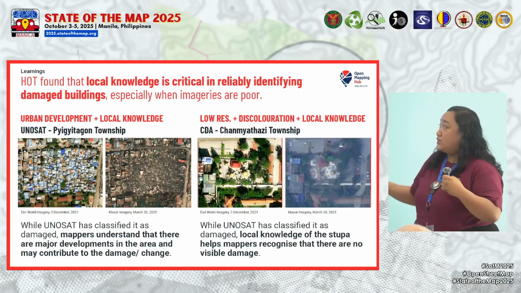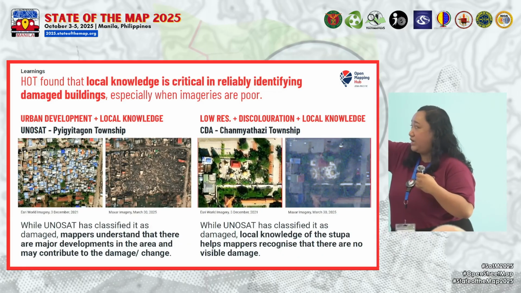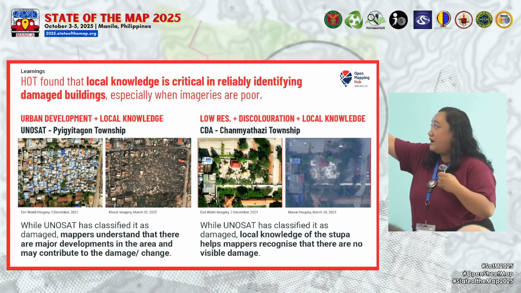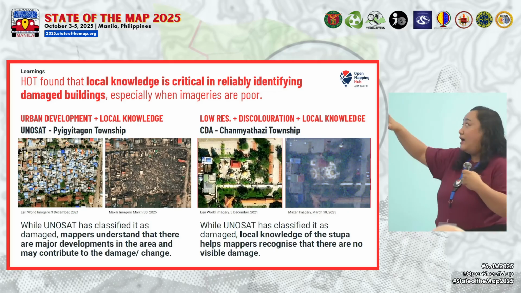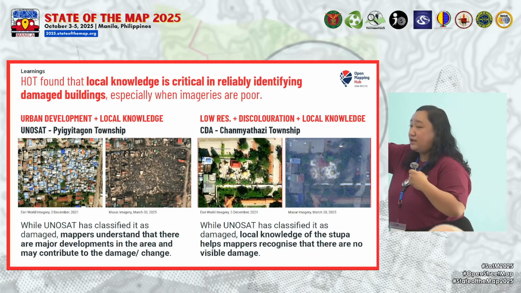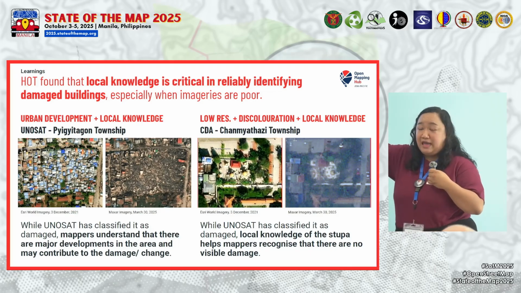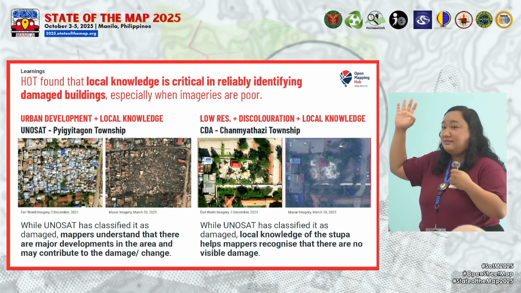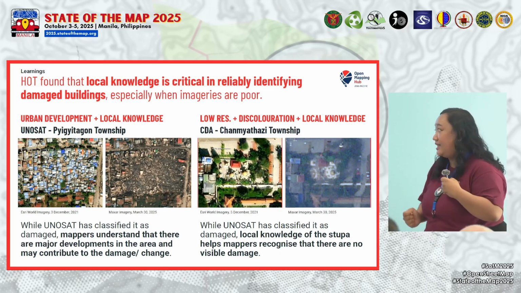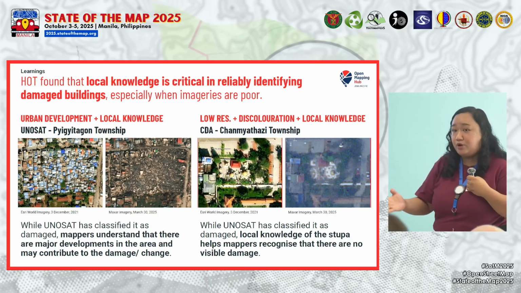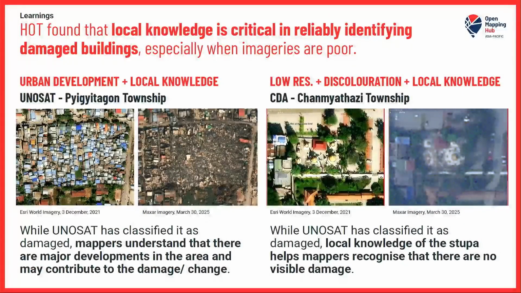And you can also see here, this large area in Pyigyitagon, a huge amount you cannot see anymore, and you can treat it as damaged buildings. But again, our local mappers understand that in this area there have been major developments. So we did not tag them as damaged.